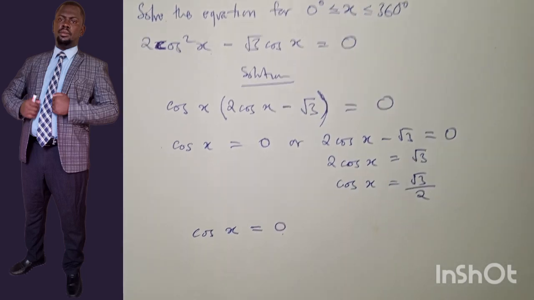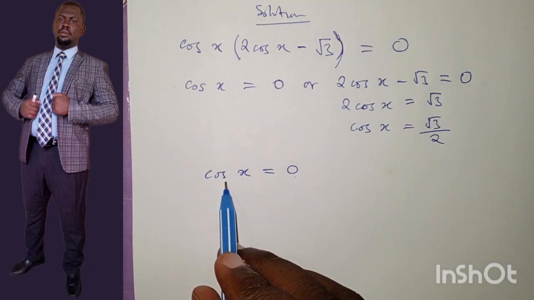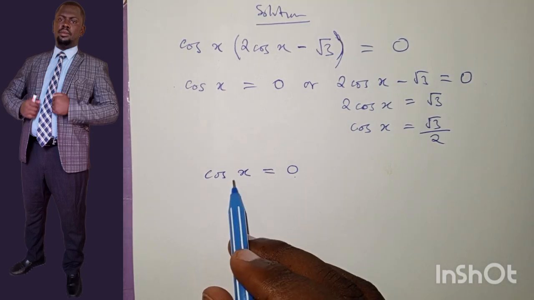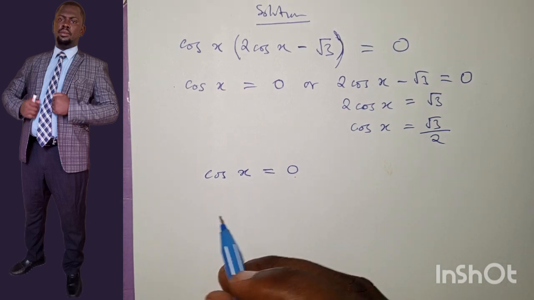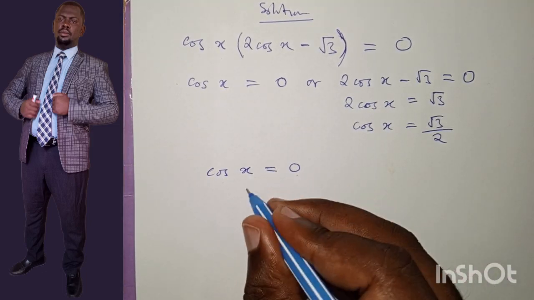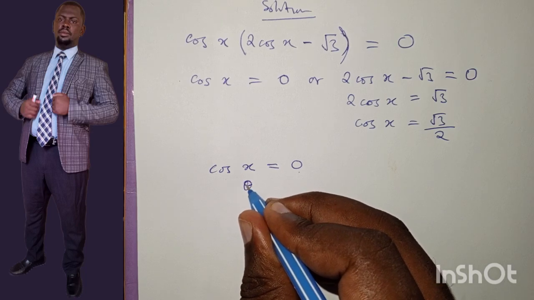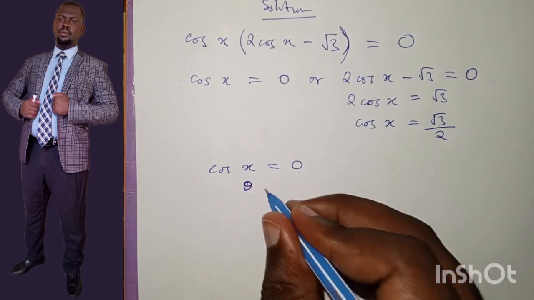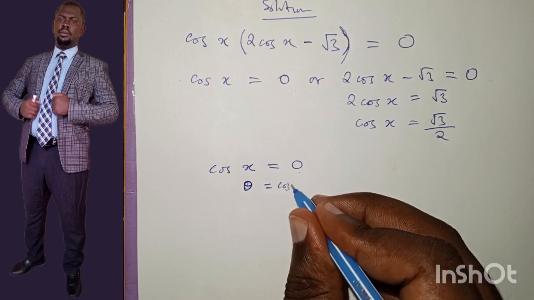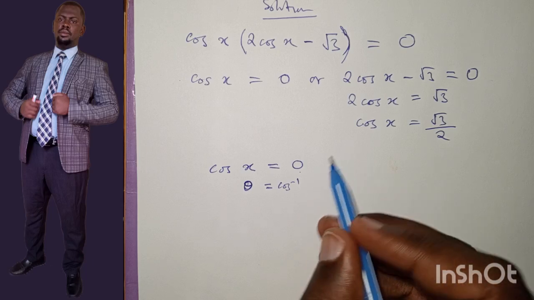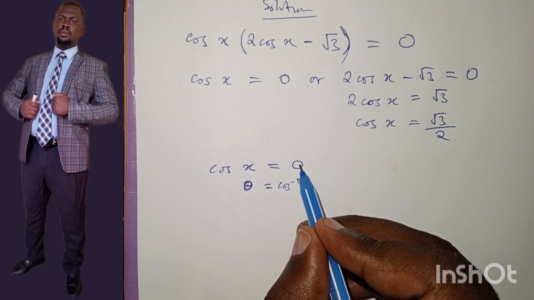So for the angle in the first quadrant, since this is cos, you just introduce the cos inverse to both sides of the equation. So the cos inverse will cancel out the cos. Let's denote the angle in the first quadrant with theta. So theta is equal to cos inverse of the value here. You take the absolute value.